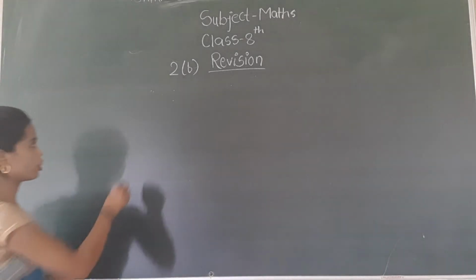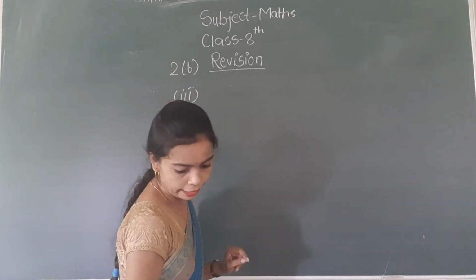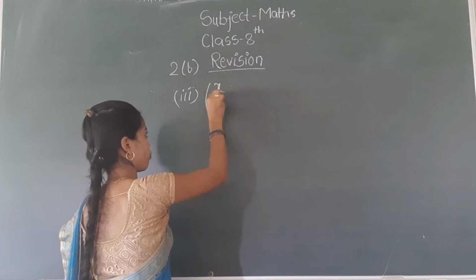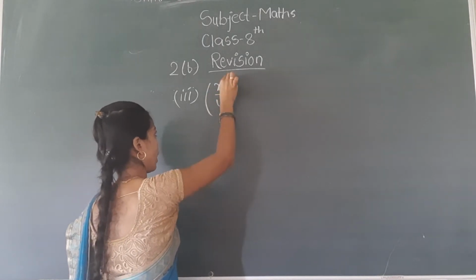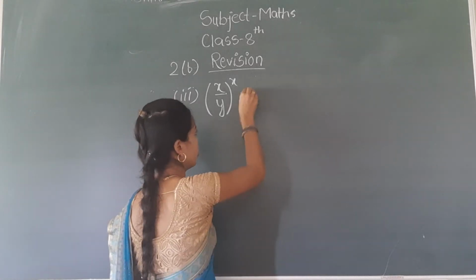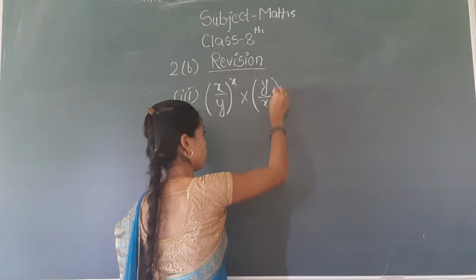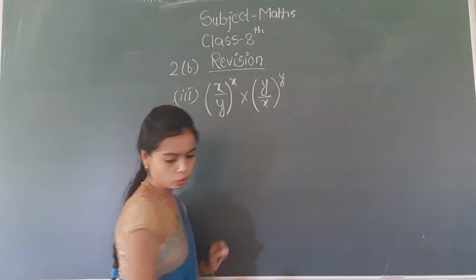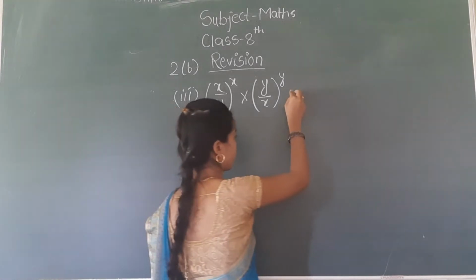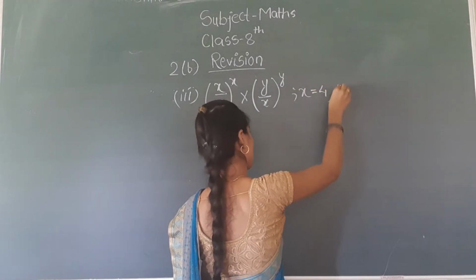Your third question is (x upon y) raised to the power x multiplied with (y upon x) raised to the power y, and x is equal to 4, y is equal to minus 7.